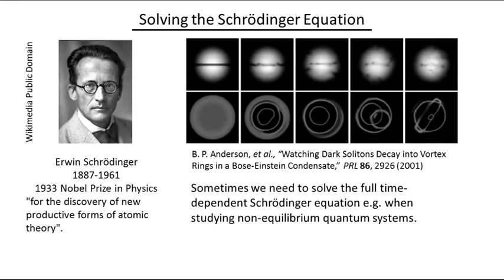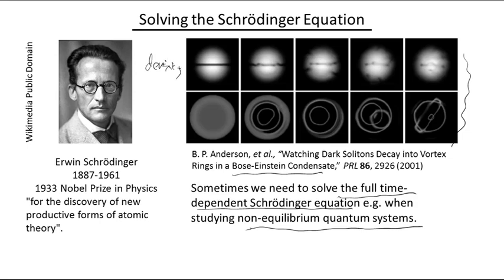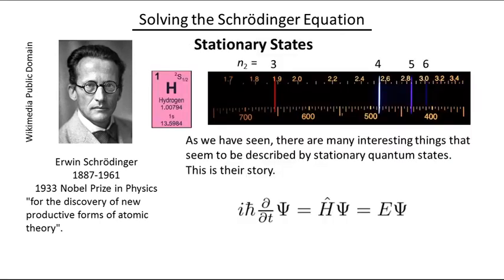Now, there are many cases in which one needs to solve the full time-dependent Schrodinger equation, let's say studying non-equilibrium quantum systems. Here's an example of solution of actually a nonlinear Schrodinger equation that describes a Bose-Einstein condensate. This is a spatial representation of density of an atomic cloud at various times, and so it's sometimes critical to have information like this.